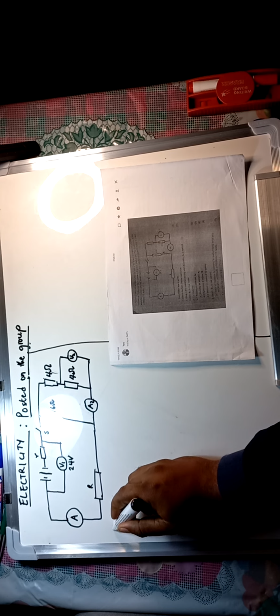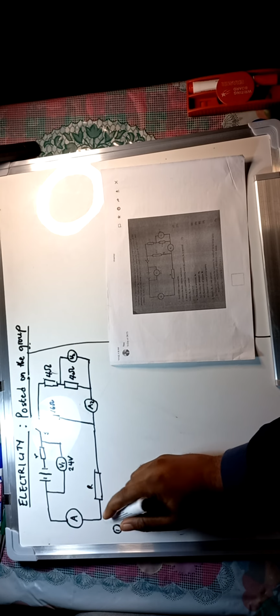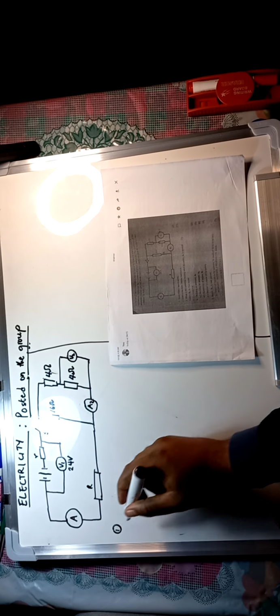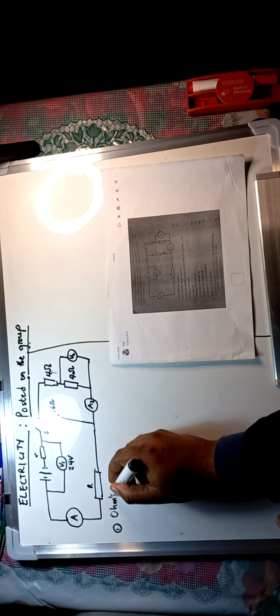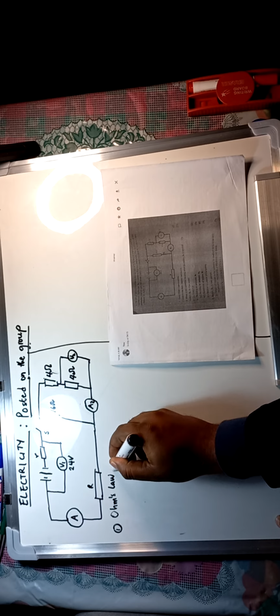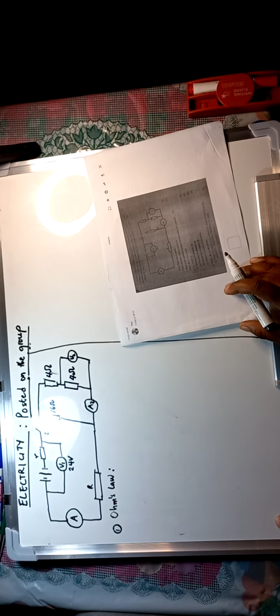And the very first thing we are asked to do here is to state Coulomb's law. We are asked to state Ohm's law. When we are stating Ohm's law, you remember that Ohm's law is talking about the relationship between the potential difference and current.